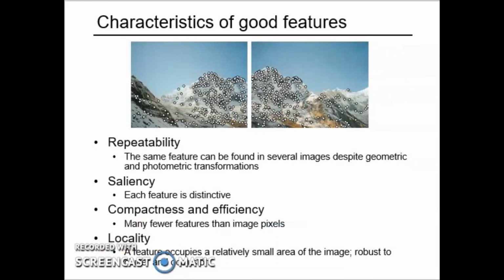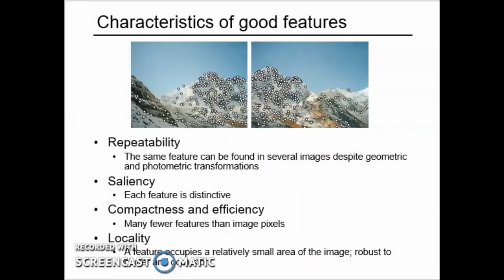So there are some characteristics, once again, just to reinforce the requirement of all these properties of the interest points. They should be repeatable, which means that the same feature can be found in several images despite geometric and photometric transformations. So the need for invariance can be seen over here. Then there should be saliency, which means that each feature is distinctive.